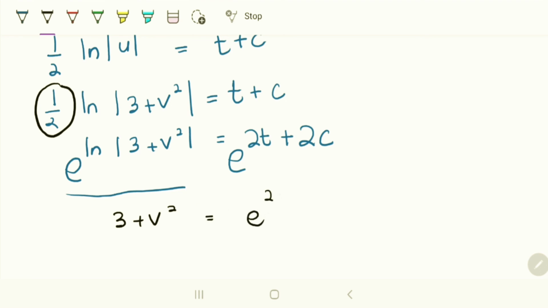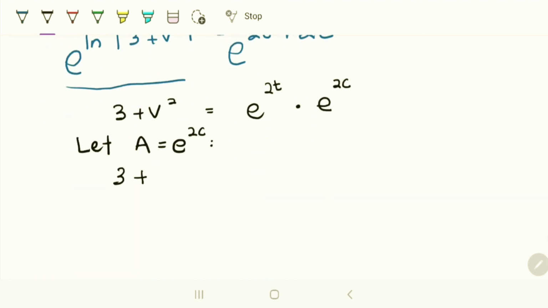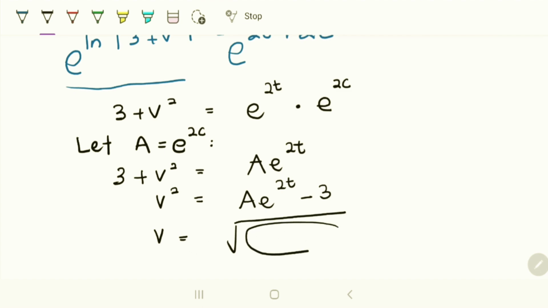And this will become e to t multiplied with e to c from the property of index. If we let a be e to c, we can have this. v squared is a e to t minus 3. You can leave your answer like this, or you can have v to be square root of a e to t minus 3.